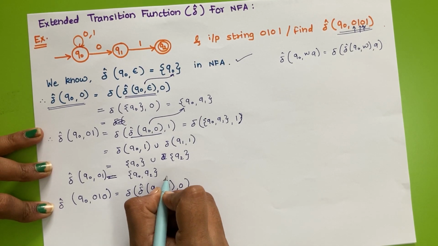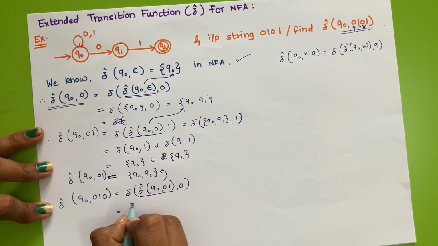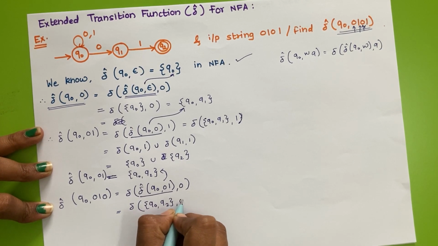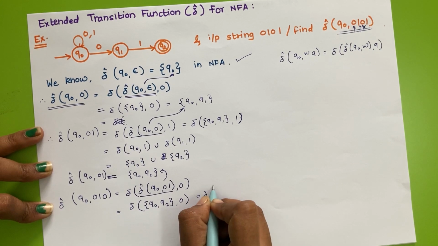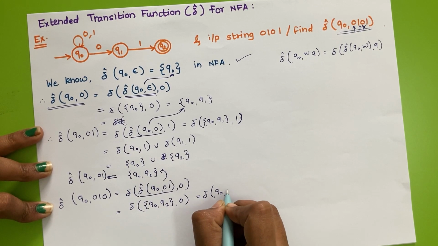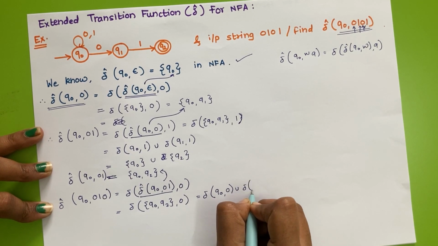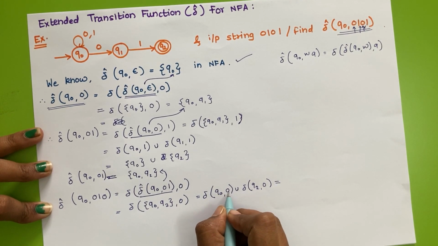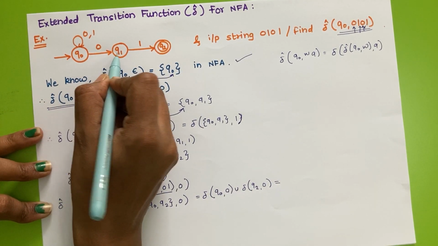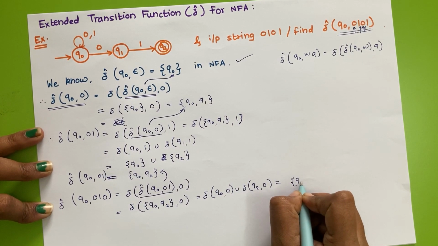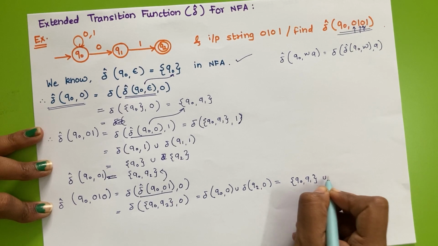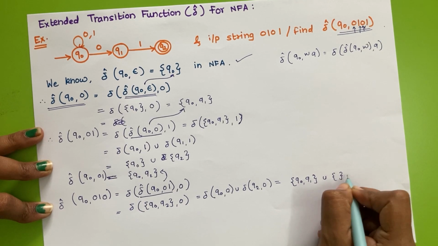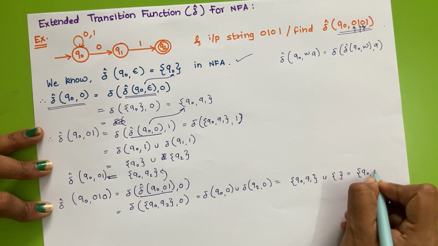The value of this term is delta of Q0 comma Q2 comma 0, and we again have to take the union of delta of Q0 comma 0 and delta of Q2 comma 0. Q0 on 0 will produce Q0 and Q1. Delta of Q2 comma 0 is the empty set, so the union of these two is Q0 comma Q1 itself.